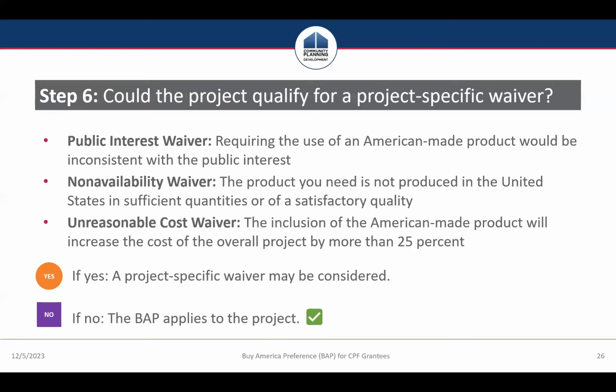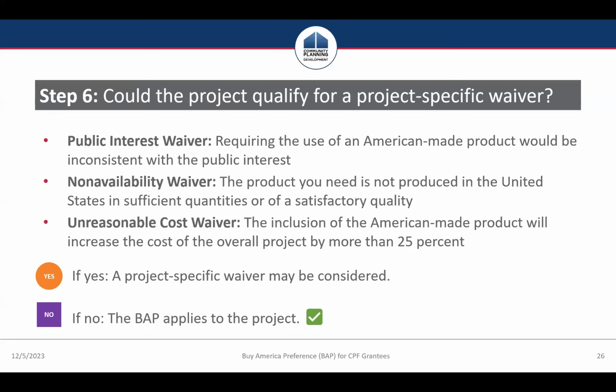Non-availability waiver, the product that you need isn't produced in the United States in sufficient quantities or an appropriate quality. And unreasonable cost, if the inclusion of an American-made product would increase the cost of the overall project by more than 25%, you could consider requesting a project-specific waiver.